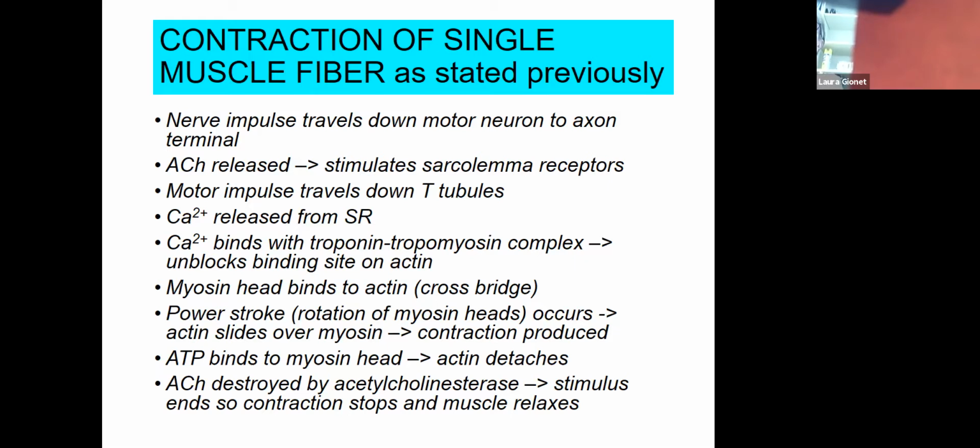ATP binds to the myosin head and causes the detachment phase of myosin from actin, which has to happen to even have more contractions. So every time you row, you keep moving the oars back and forth, around and around. Acetylcholine is destroyed by acetylcholinesterase. Some of it may diffuse away. We'll talk about some of these options again in the nervous system, what happens to neurotransmitters. And so contraction stops and the muscle relaxes.